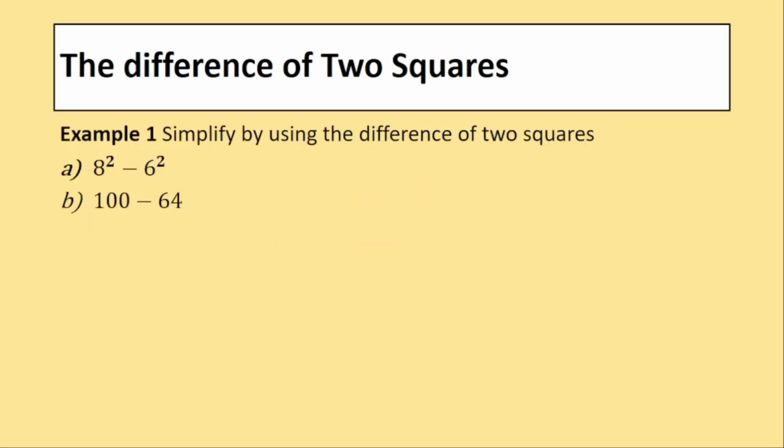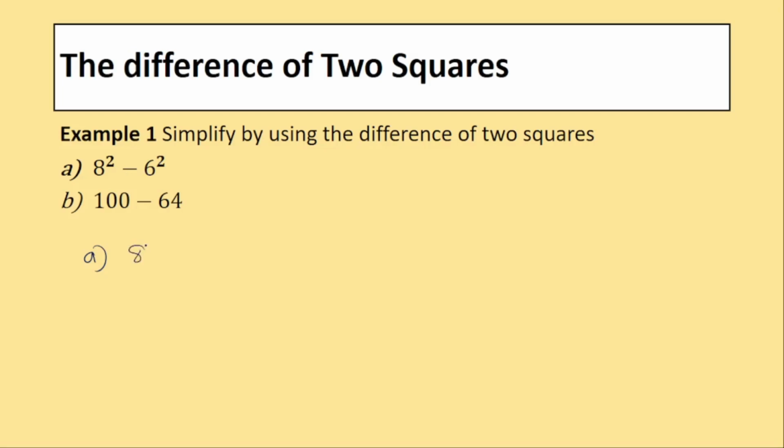Let's look at an example. Simplify by using the difference of two squares. So I'm going to work out a. 8 has been squared and 6 has already been squared.